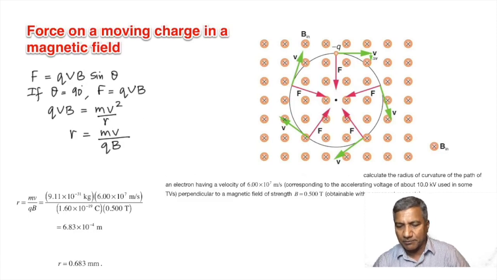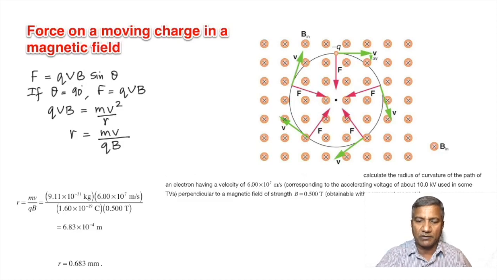And I've given an example here. So if you consider that it's an electron moving, the mass of the electron is 9.11 times 10 to the negative 31 kilogram, and assuming that it's moving at 6 times 10 to the 3 meter per second, then you can calculate the radius by knowing the charge of the electron, and the strength of the magnetic field is, let's say, 0.5 Tesla.